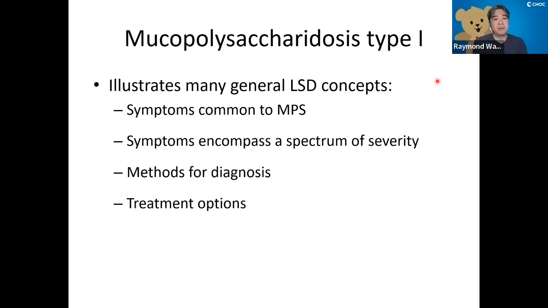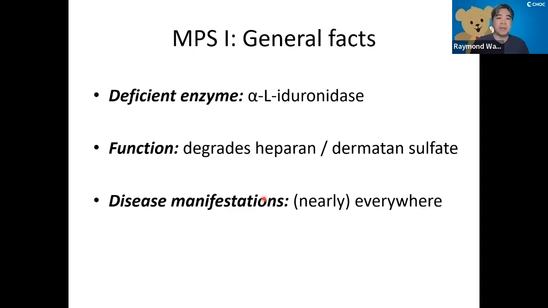I'm going to spend actually the large majority of the rest of the talk on MPS type 1, largely because what you see with MPS 1 is very common and shared in terms of symptoms, diagnostics, and potentially treatment. And so the enzyme that's missing in MPS type 1 is called alpha-iduronidase.